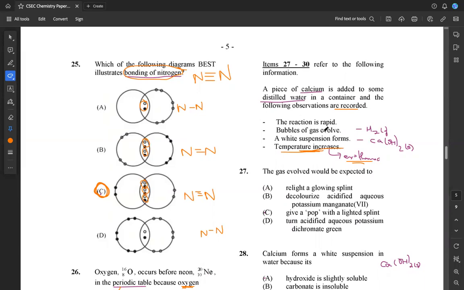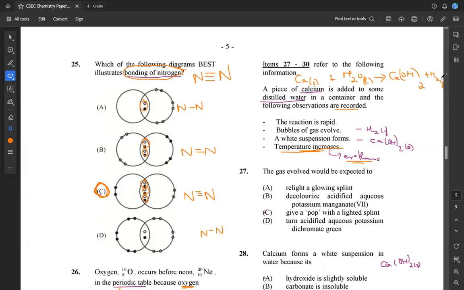The bubbles of gas evolved could be hydrogen, it could be any other gas, but we're just going to say hydrogen for now based on what we know is happening. So calcium is a solid, right? And that is reacting with distilled water in a container. Chances are the calcium is reacting with the water, and we're going to get calcium hydroxide as a potential product there, and then we can get hydrogen gas as well, right?